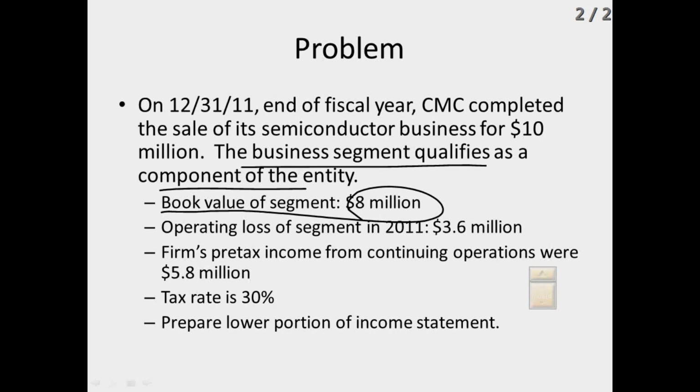So if this segment is operating by itself and it bought a bunch of assets and took out a bunch of loans, the person buying it has to buy the whole thing, the loans, the good and the bad. So it's buying the net book value, which is all the assets minus all the liabilities of this segment.